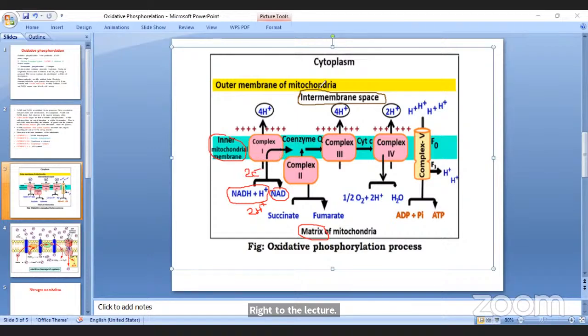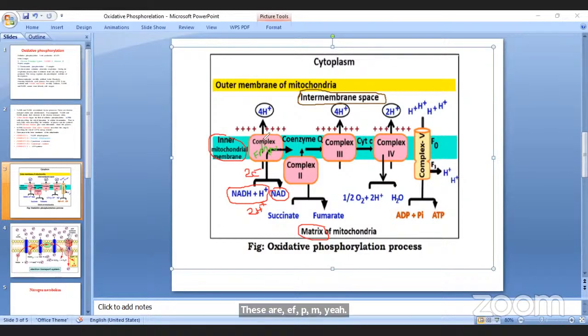These 2 electrons are first received by FMN in complex 1. In complex 1, some proteins and chemicals are there. These are FMN.